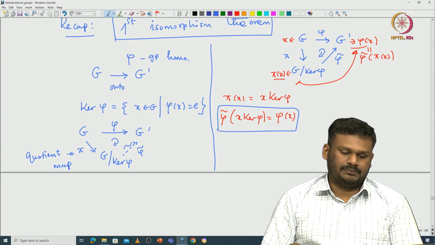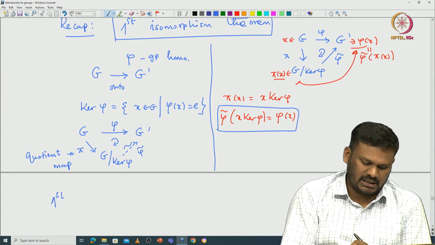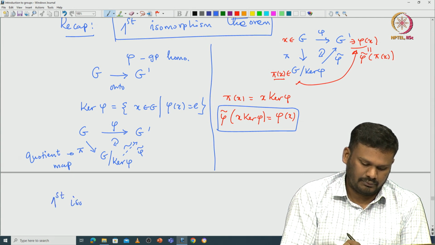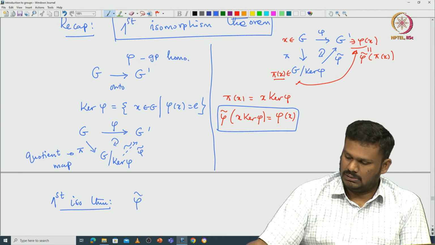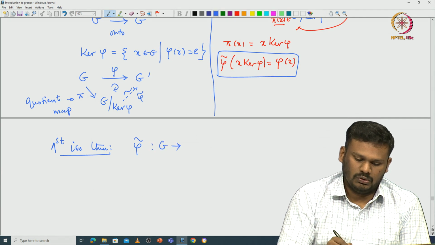But the statement of the first isomorphism theorem indeed says this phi tilde is an isomorphism from G modulo kernel phi to G dash.